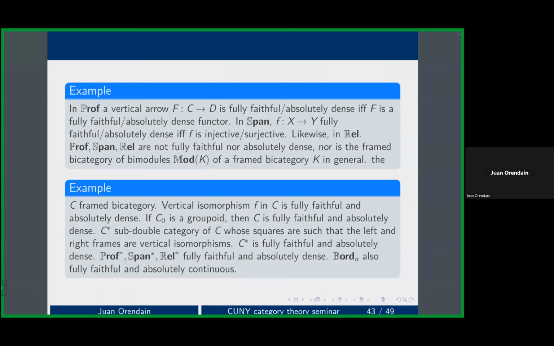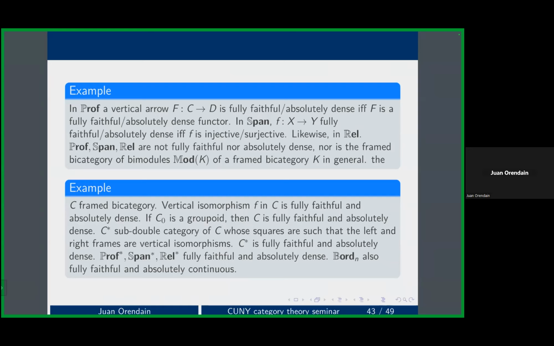But if C is a frame bicategory, every vertical arrow that is an isomorphism is fully faithful and absolutely dense. So if the category of vertical arrows of a double category is a groupoid, then the frame bicategory is fully faithful and absolutely dense.